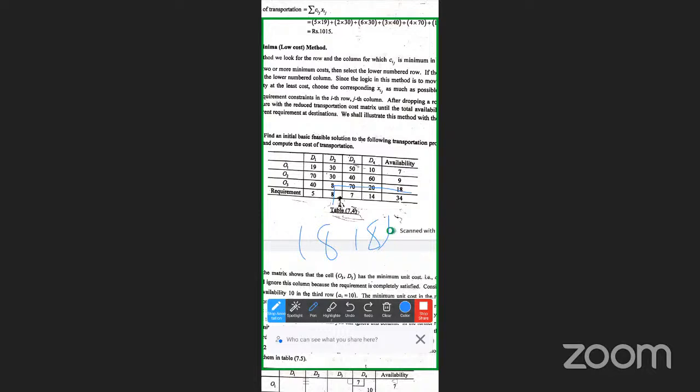We allocate 8 at O3 comma D2. Since we allocated 8, we cross out the entire column, because the requirement is 8 minus 8, 0, and the availability is 18 minus 8 equals 10. So availability is 10 and requirement is 0, so we cross out the entire second column.